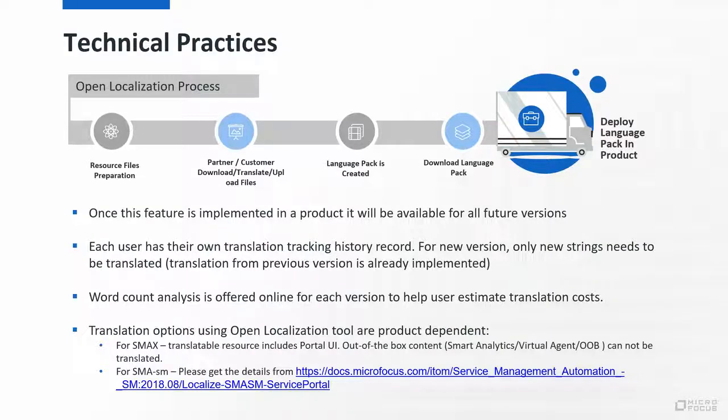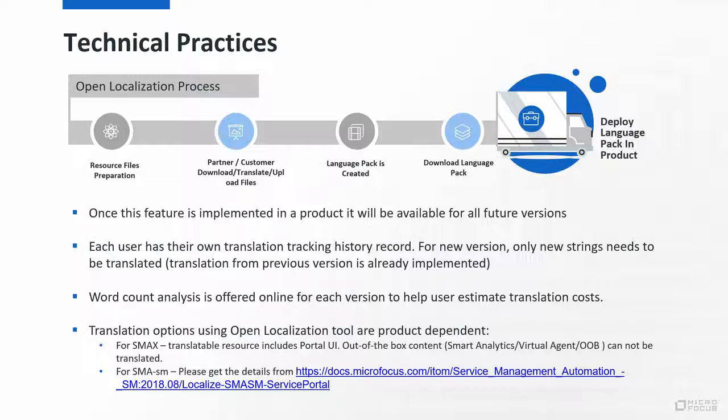So from the technical perspective, as I mentioned, there are four simple steps. Once you get the resource files, you download them, you translate, you upload them back. The language pack is created in the back stage, and eventually you get a language pack for download.